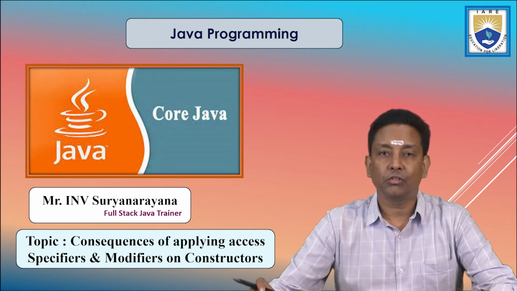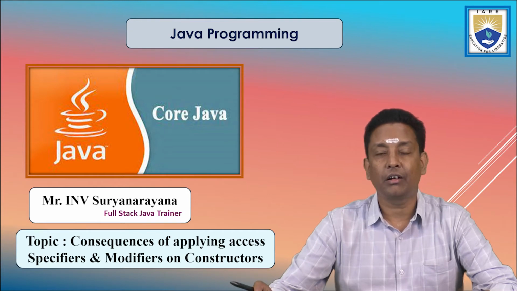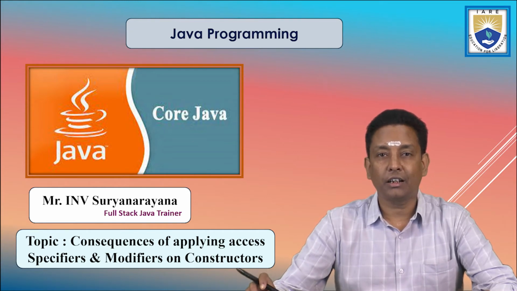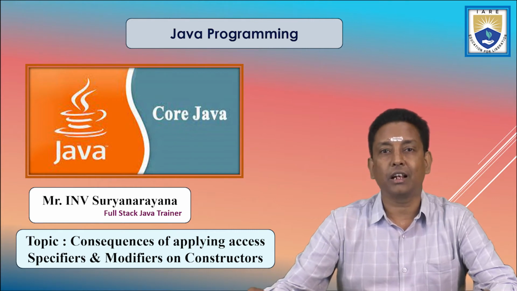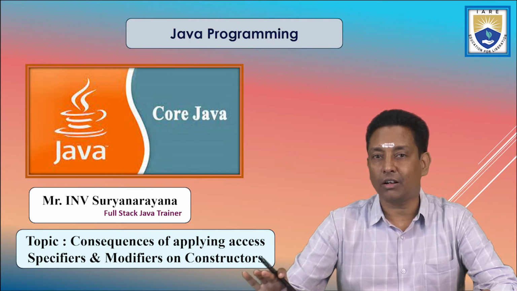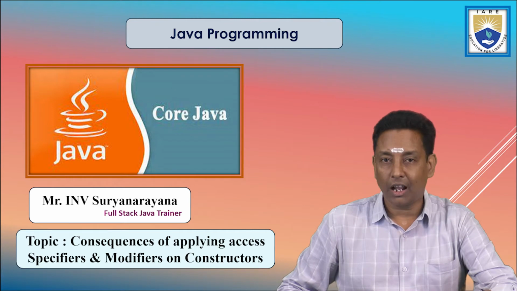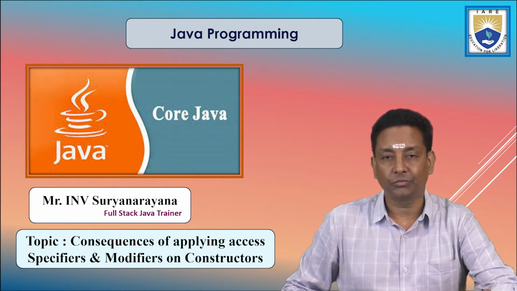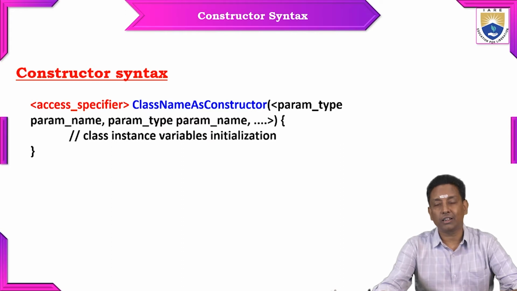Here, all Java developers should notice one thing: on a constructor we can apply only access specifiers, not access modifiers. We cannot apply any access modifier on a constructor, as you do for a class, variable or method. They are different.